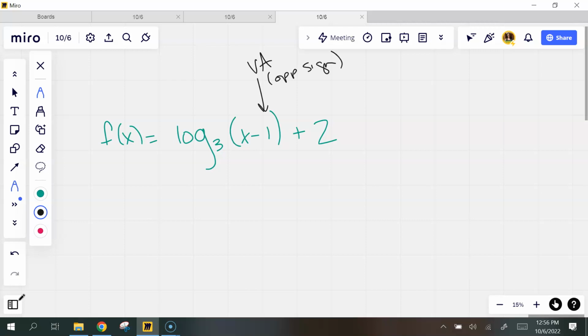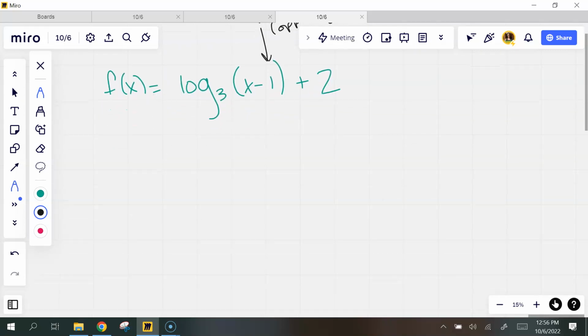So it'd be a positive 1. And outside of that, we're just going to pick 2 points to plug in and see which way it hugs the asymptote.